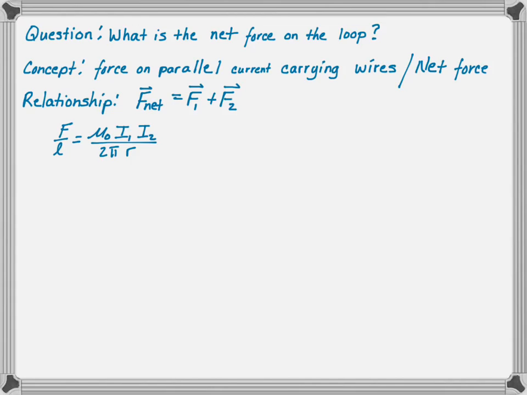For the force on parallel current carrying wires, your book gives you the relationship in force per length. So that's why I have F over L. That is equal to mu naught, a constant, times the current in one wire times the current in the second wire, divided by 2 pi times R, which is the distance between those two wires.